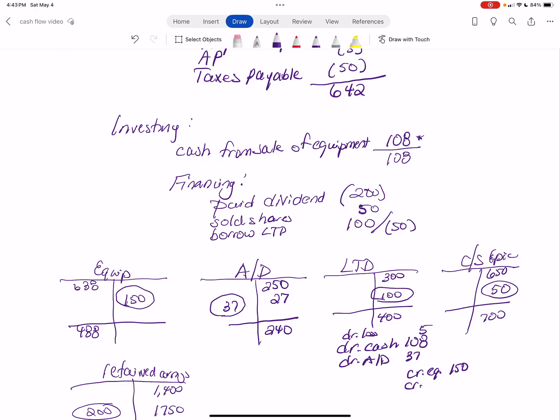Now don't forget, your very last step is you need to check. And I'm doing this over to the side just because of the way the paper's set up. But remember, I have beginning cash, $300. I brought in $642 from operations.